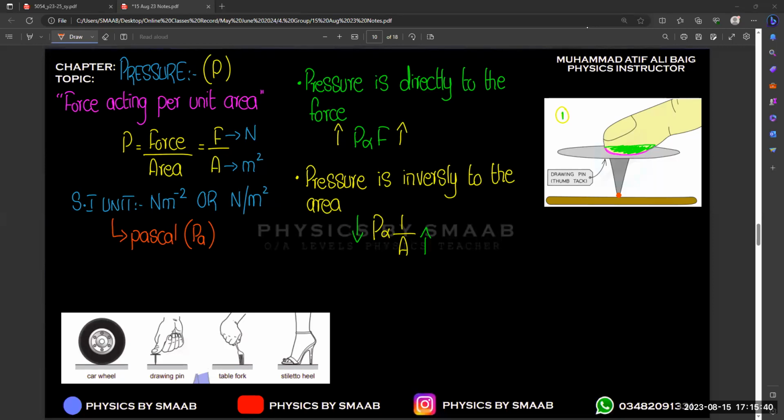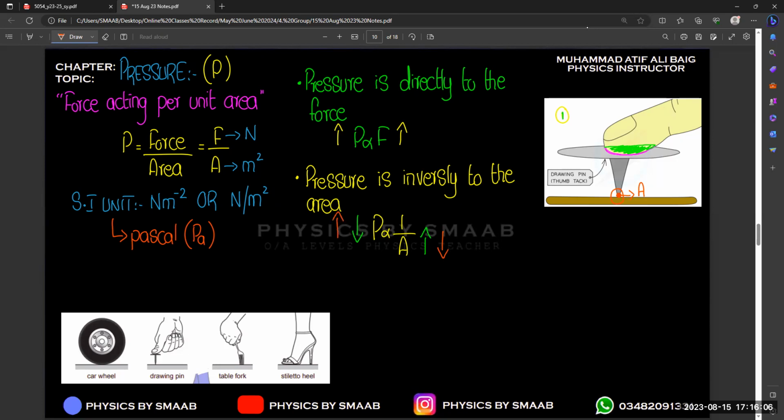So we are talking about that thumbpin. The area of this thumbpin point is very much micro, because we are going to penetrate the thumbpin into the board. So when you decrease your area, your pressure will automatically increase.